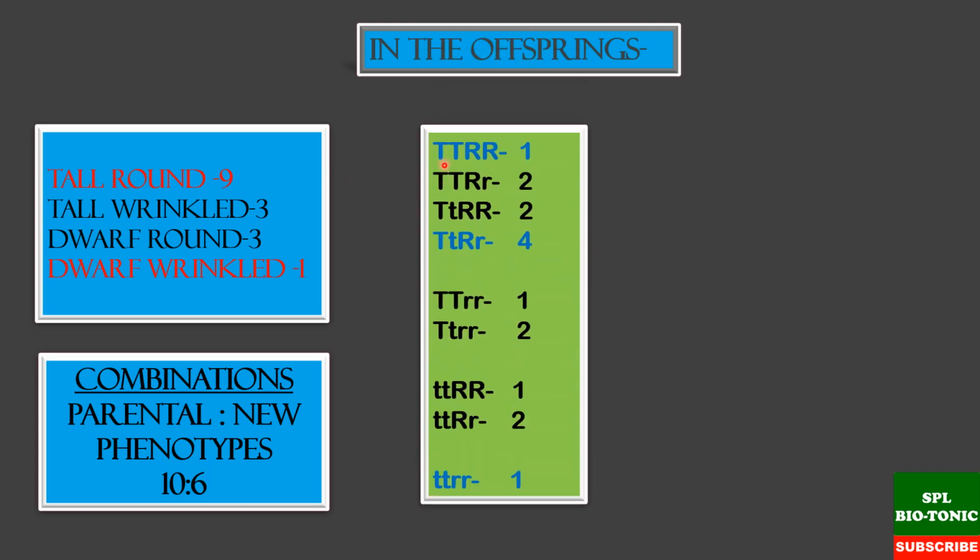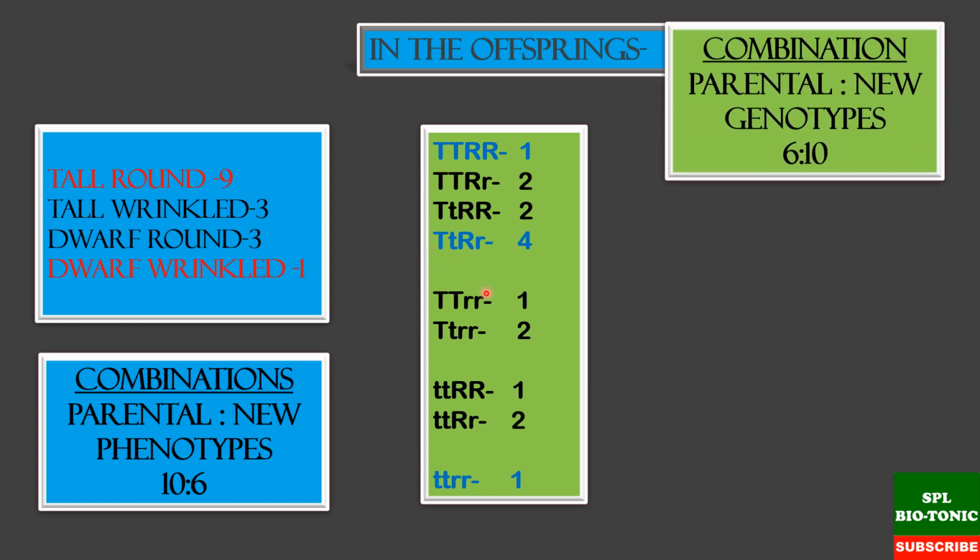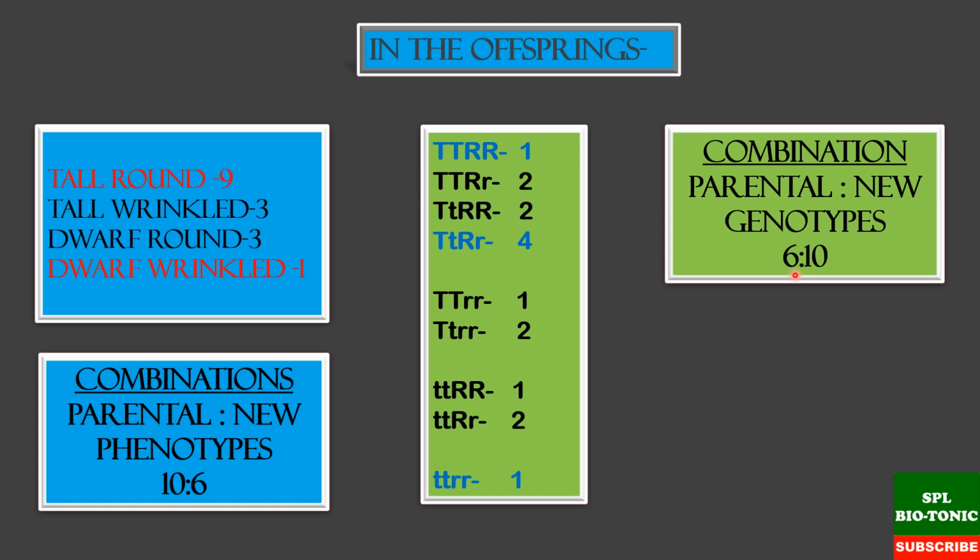With respect to genotypes, this is one parent, this is a second parent, and this is a third parent. In total there are 6 parental combinations with respect to genotypes, whereas 10 are new combinations. So with respect to genotypes, the offspring show a 6:10 ratio, whereas with respect to phenotypes, they show a 10:6 ratio.